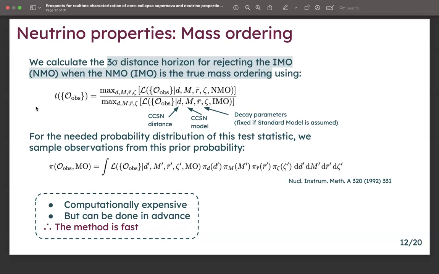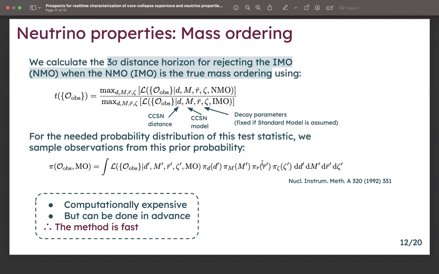In order to calculate the p-value, we need a probability distribution of this test statistic, which we obtain by sampling observations from this prior probability down here, where we need prior probabilities for everything. Here it's the prior on the supernova mass, which I mentioned a few slides ago. But we will also need priors for the decay parameters and for the supernova distance.